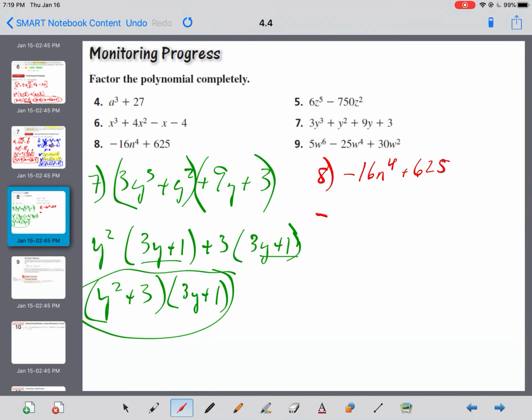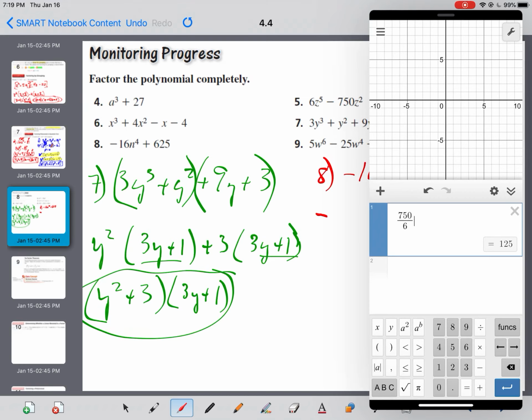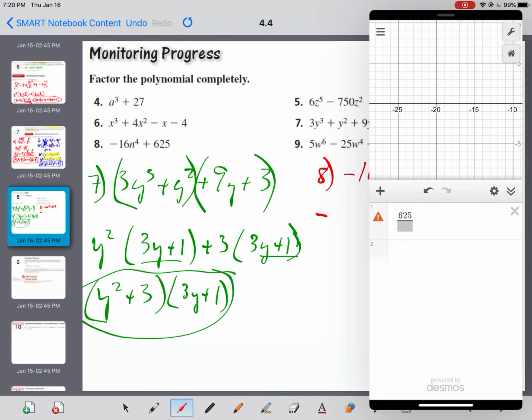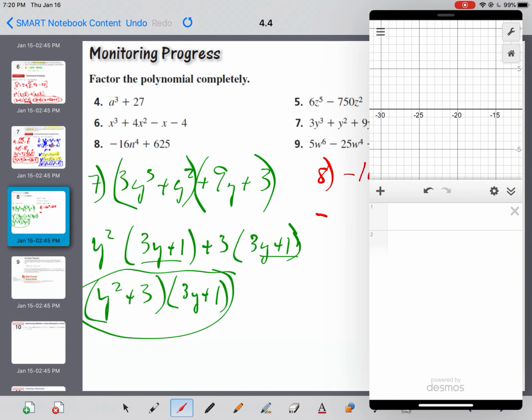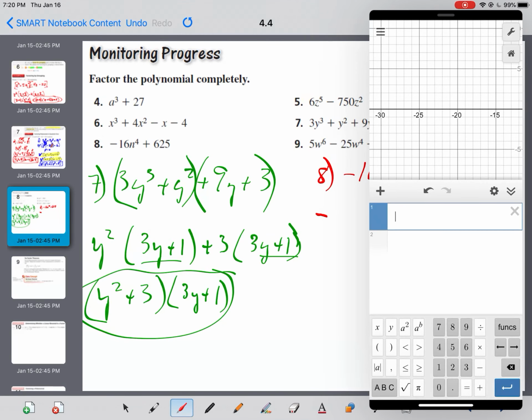Let's see, what goes into that? Probably, if I do, let's see, 625 divided by 16. Nope. Divided by 8. Nope. Divided by 4. Nope. Divided by 2. No. Was it 625? It's definitely 625.